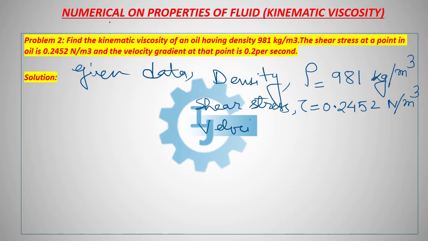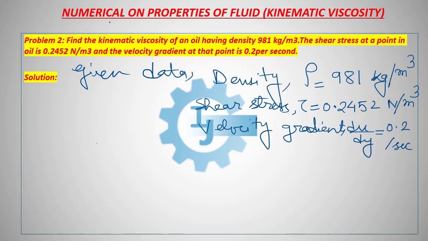Velocity gradient, that is du by dy, is 0.2 per second.